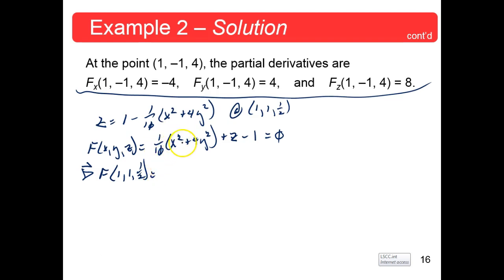Like you say, take your partials. It's 2 times 1/10, which is 1/5 x in the i direction.